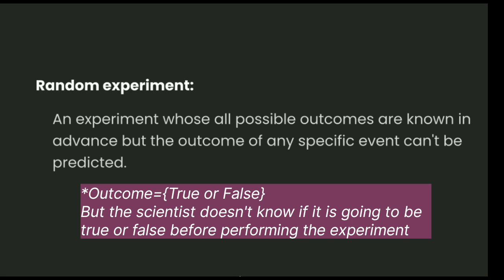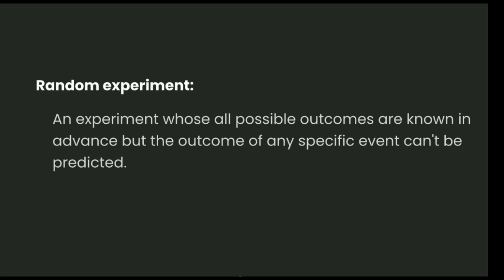I'm just explaining with an example of a scientist performing a scientific experiment. It could be any other experiment. It doesn't have to be that level of proper experiment. It could be any experiment you are performing, just anything. We would be taking examples, but you can just have a very loose perspective of what it could be. So this could be termed as a random experiment.